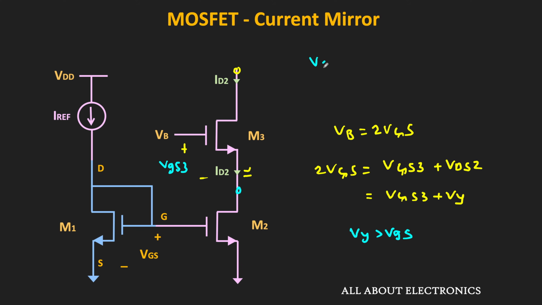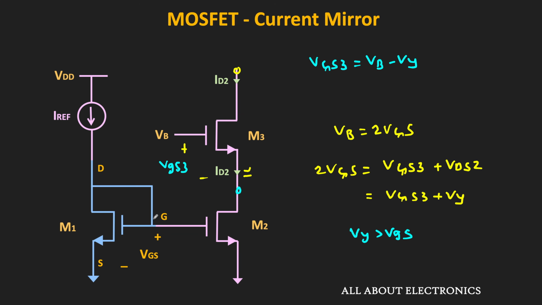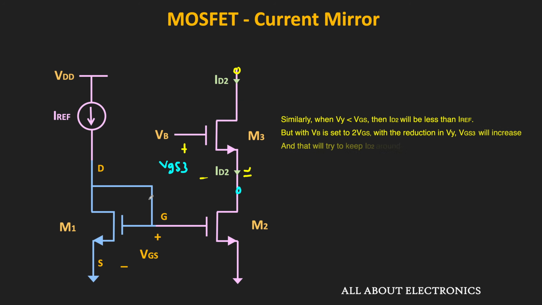And since this VGS3 is equal to VB minus Vy, as the voltage at this end, the Vy, increases, the VGS3 will reduce. And since there is a reduction in this voltage VGS3, it will try to keep the ID2 around I reference. So in this way there is a negative feedback, and in a way it will try to keep the ID2 same as the I reference.